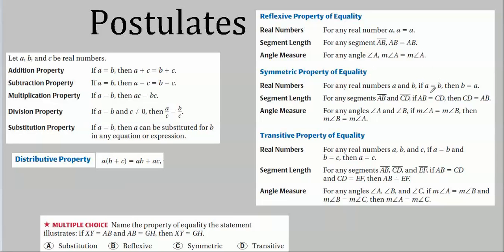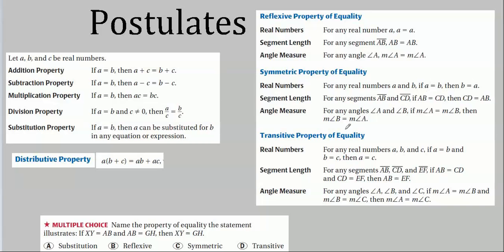Would it make any sense to say that AB has the same length as CD, but CD doesn't have the same length as AB? Wait a minute. That sounds like a comedy routine. It doesn't sound like mathematics. So, yeah. If A equals B, then B equals A.